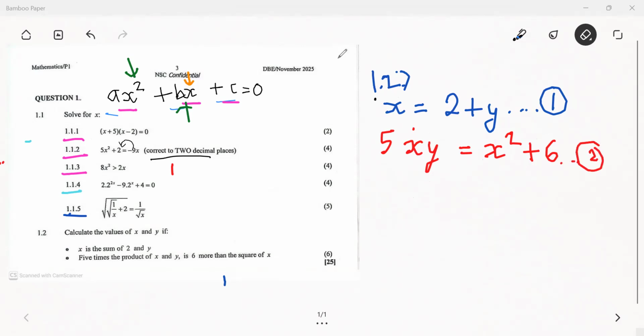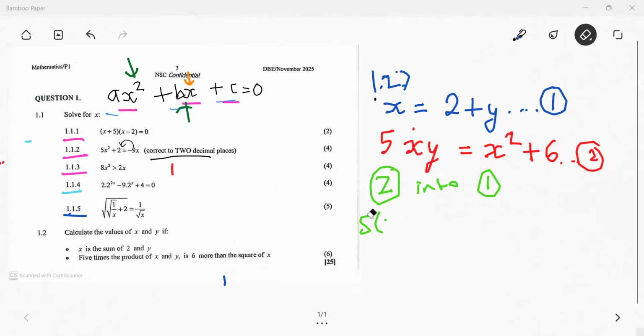Since I already have x as the subject of the formula in the top equation, I'm just going to take equation 1 and substitute it into equation 2. Where there's an x, I'm going to replace it.